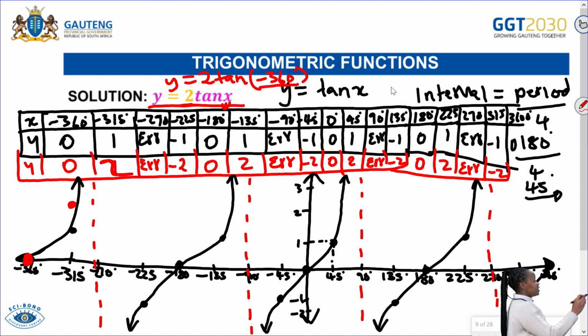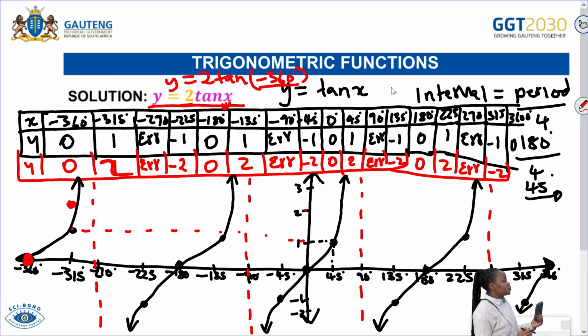So initially, it was at +1. Now it's at +2. Okay, and then negative 270, it still met error. And then at negative 225, I'll have -2, so it's going to be down there.